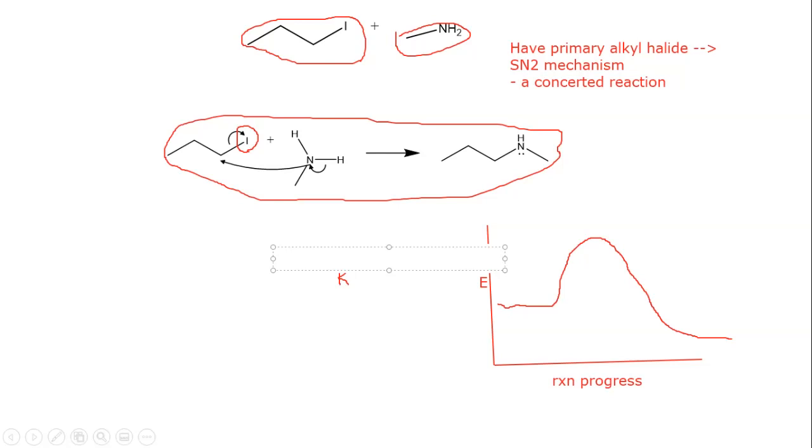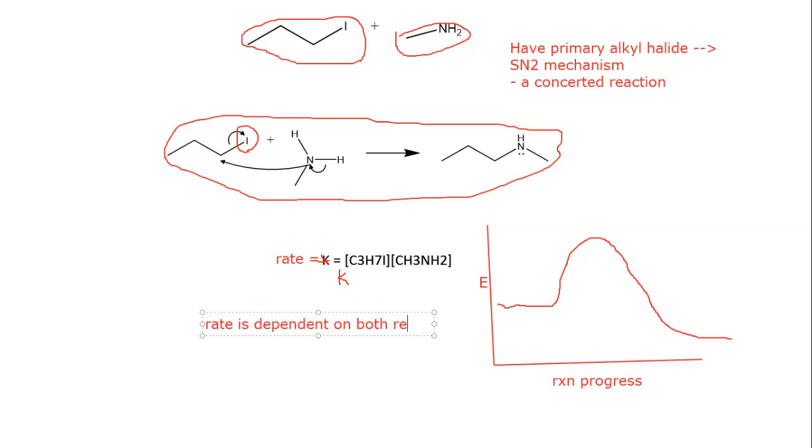So rate is dependent on both reactants for an SN2 reaction. Hopefully you've seen the difference between an SN1 and an SN2 reaction. I'll give you a second to mull this over before I clear the screen.